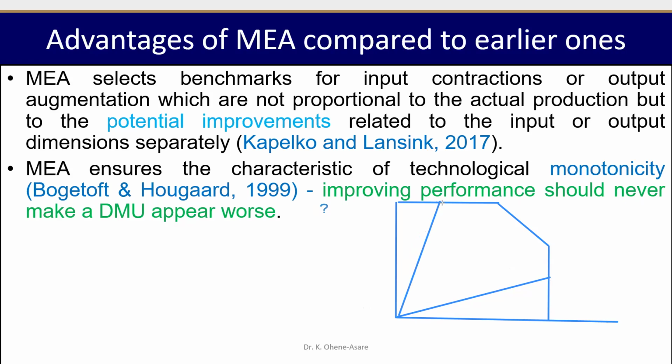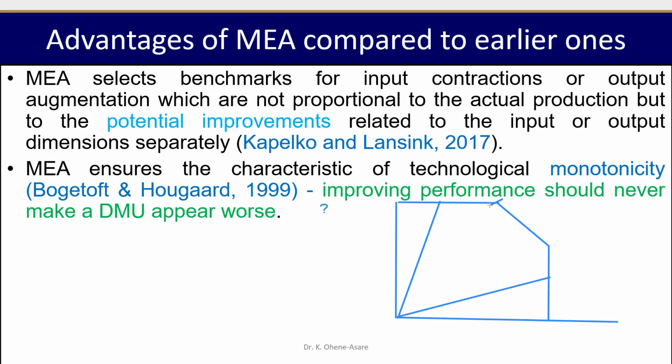Because even though you have moved this guy to the frontier, there is that portion here that he should have moved to, because there's a DMU here that is dominating this very DMU.